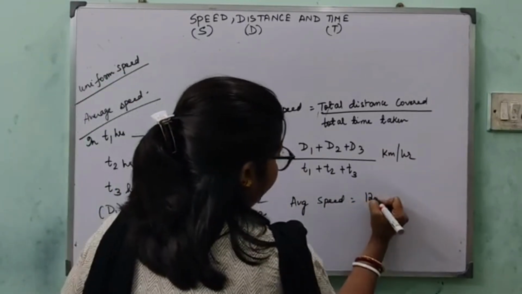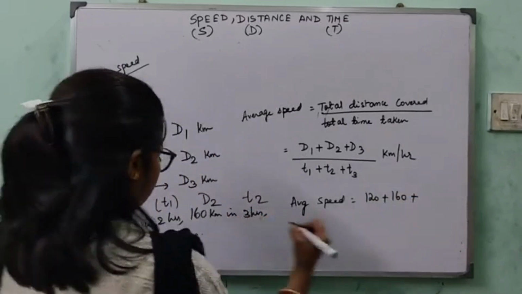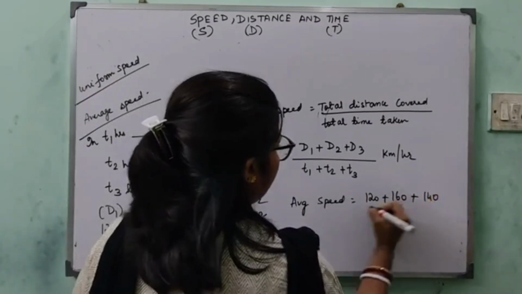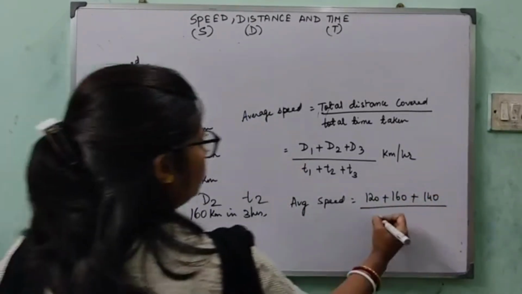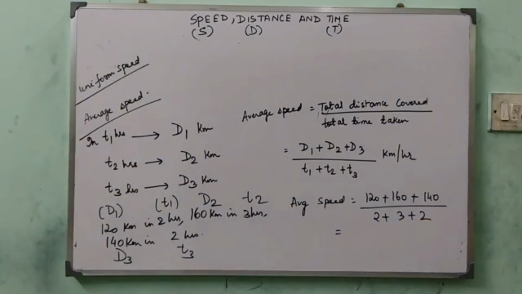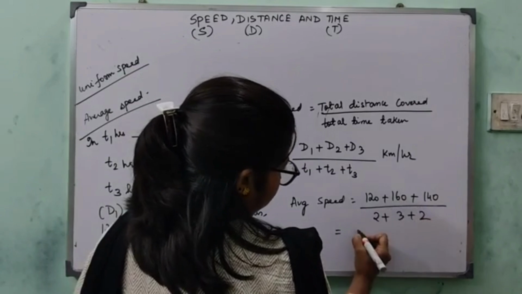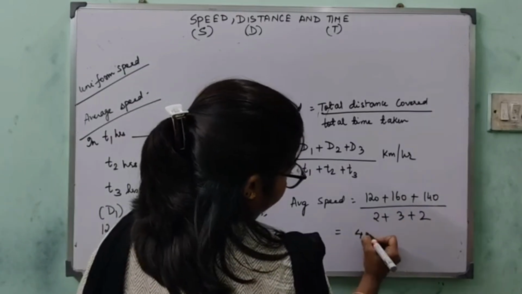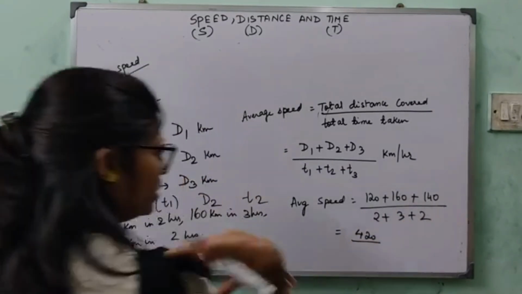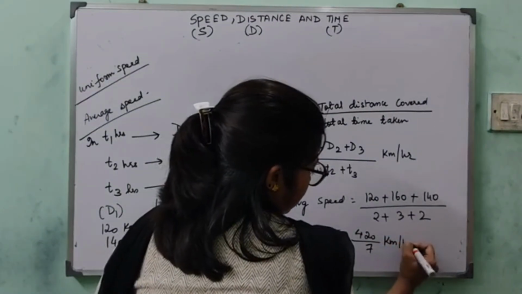So here it is 120 plus 160 plus 140 by 2 plus 3 plus 2. So 120 plus 160 plus 140 is 420, and 420 by 7 kilometer per hour.